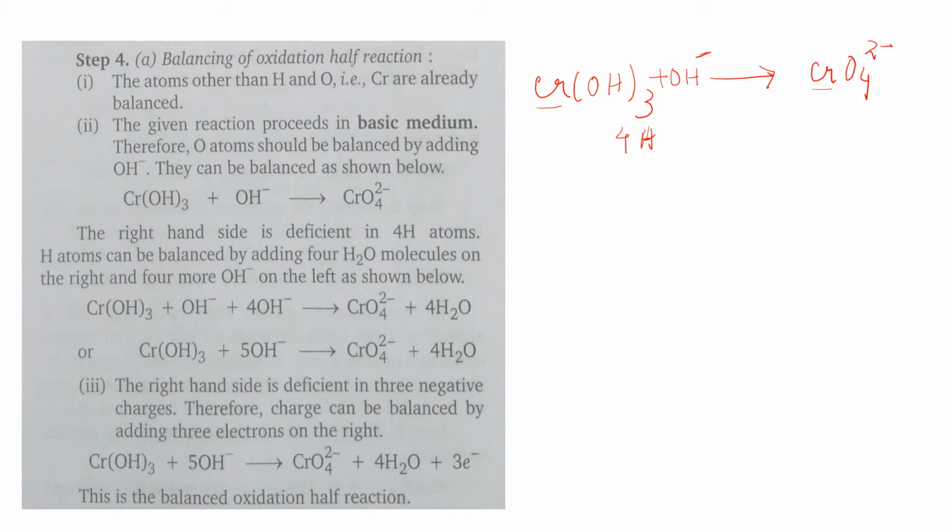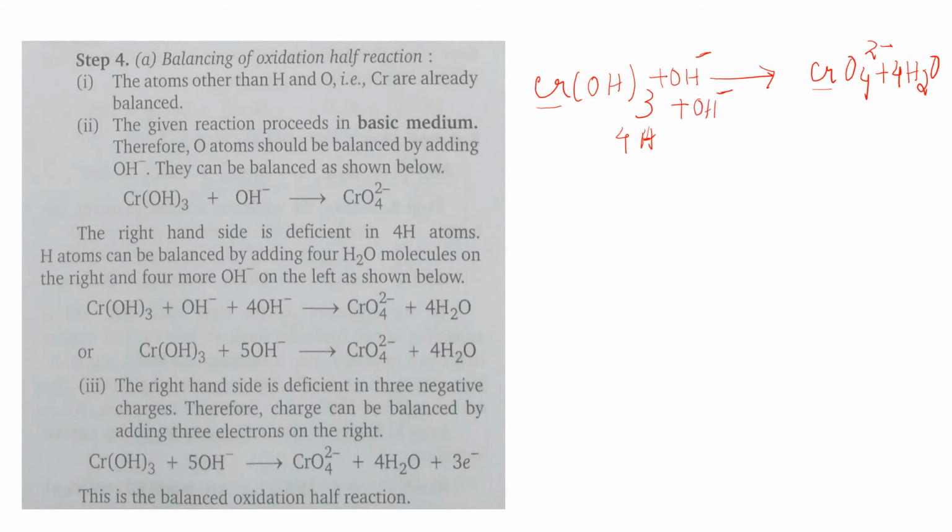So I have to add 4 H2O in the right hand side. Now as I have added 4 H2O in the right hand side, I have to add the same number of OH- ion in the left hand side again. So I have to add 4 OH- ions in the left hand side also.